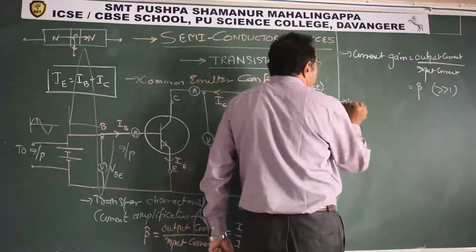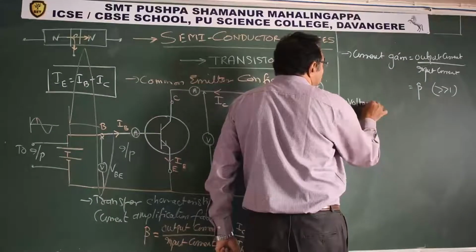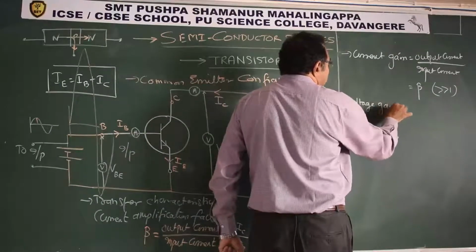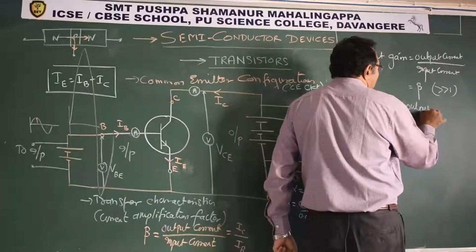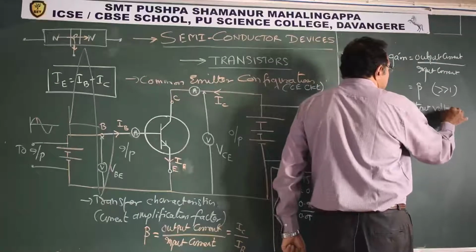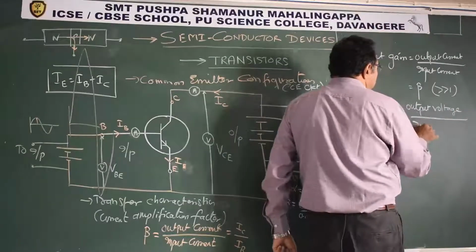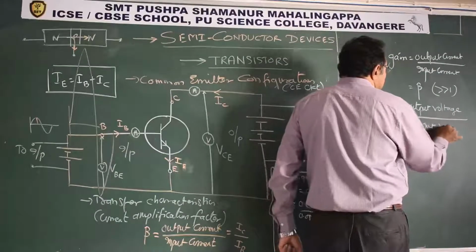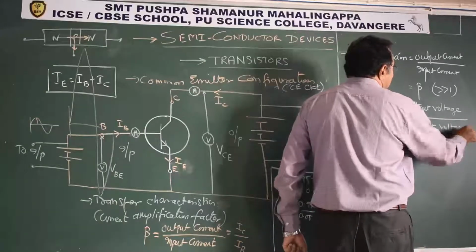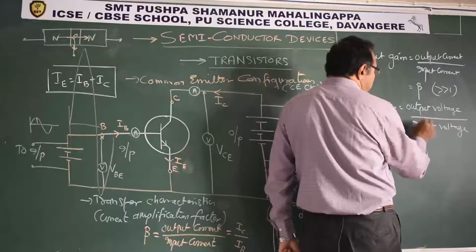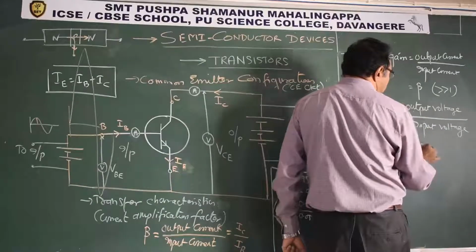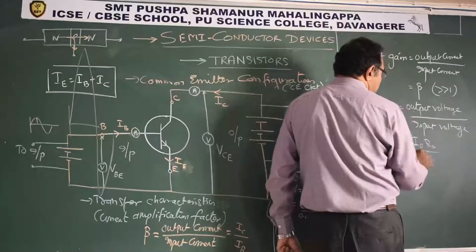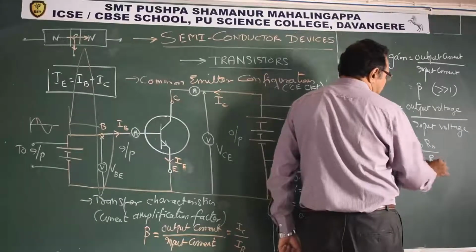The second part we say is voltage gain. Voltage gain is nothing but output voltage upon input voltage. So V is equal to I into R: here we have output current times R output, and input current times R input.